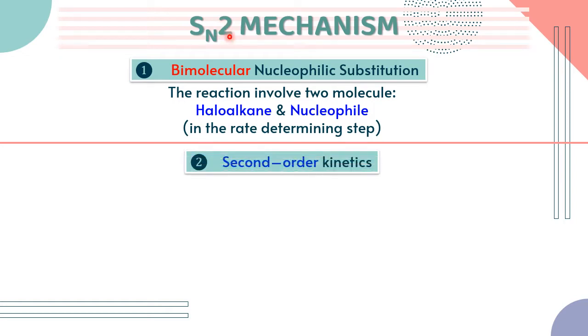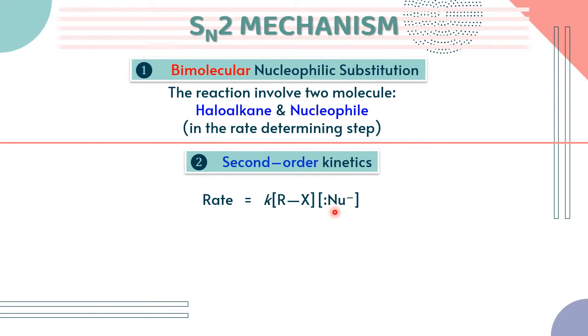The second reason we call it SN2 mechanism is because it is a second order kinetics. So it is a second order reaction, which involves your kinetics chapter. Here we have our rate law, or rate equation. Rate equals k times the concentration of your haloalkane and the concentration of the nucleophile.